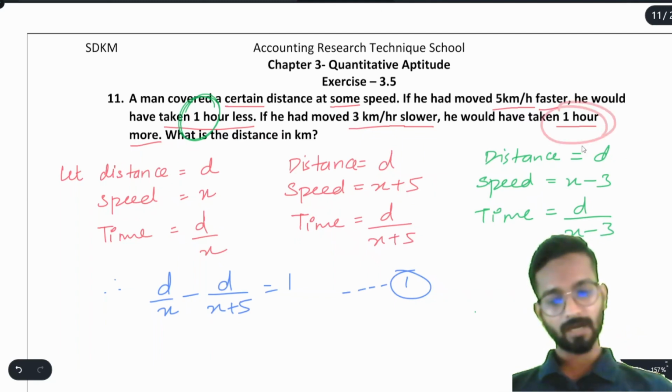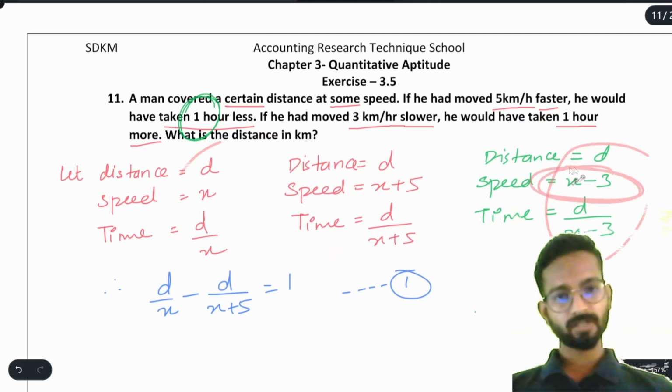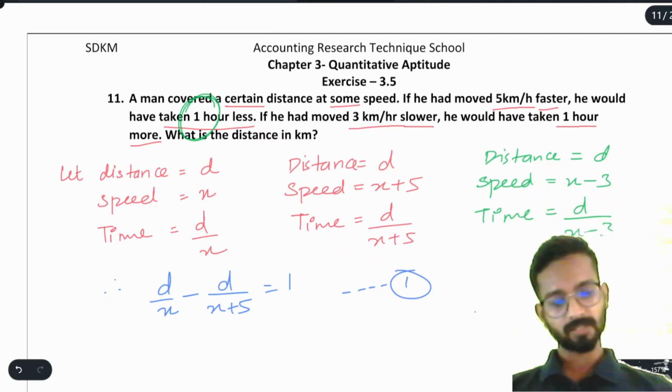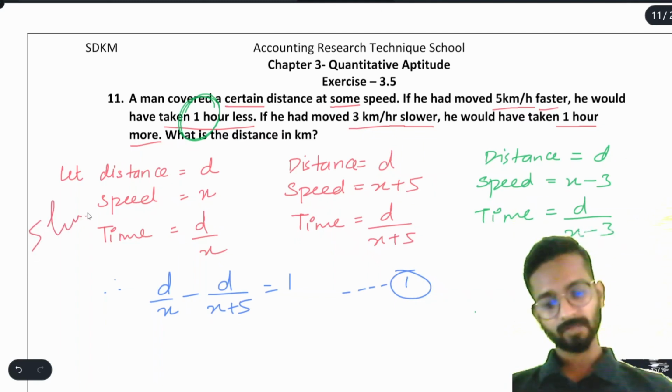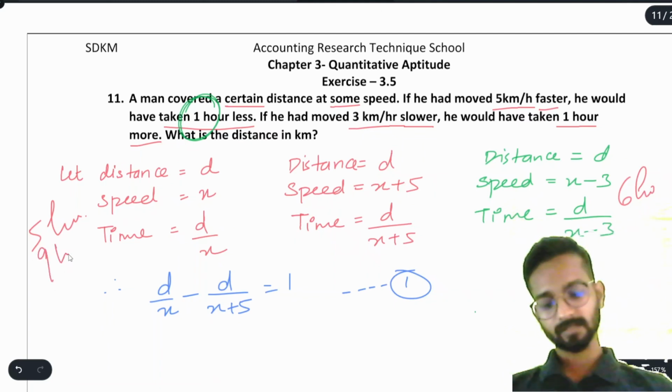Now understand what it is saying. He would have taken 1 hour more. Because the speed is reducing, the time taken will increase by 1 hour. So if it is taking 5 hours, it will take 6 hours. If it takes 9 hours, then it will take 10 hours.